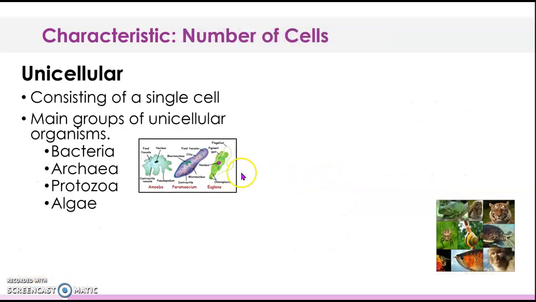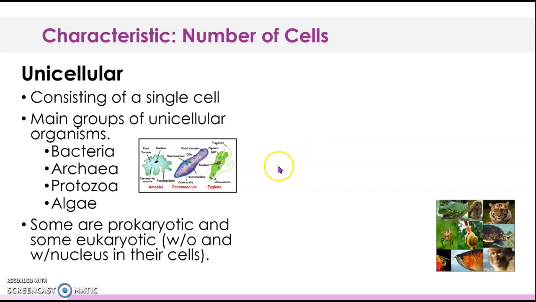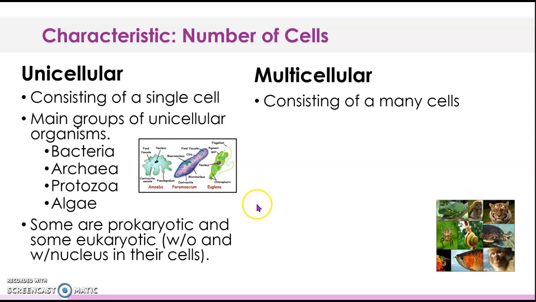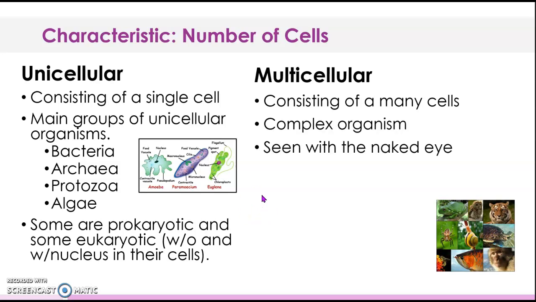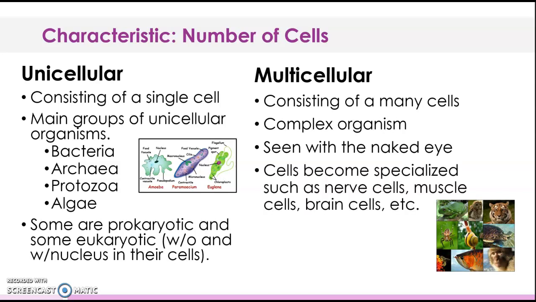Okay, unicellular. Unicellular consists of a single cell. Many groups of unicellular organisms are bacteria, archaea, protozoa, and algae. Some are prokaryotic and some are eukaryotic, without and with a nucleus in their cells. Multicellular, consisting of many cells, complex organisms, seen with the naked eye.